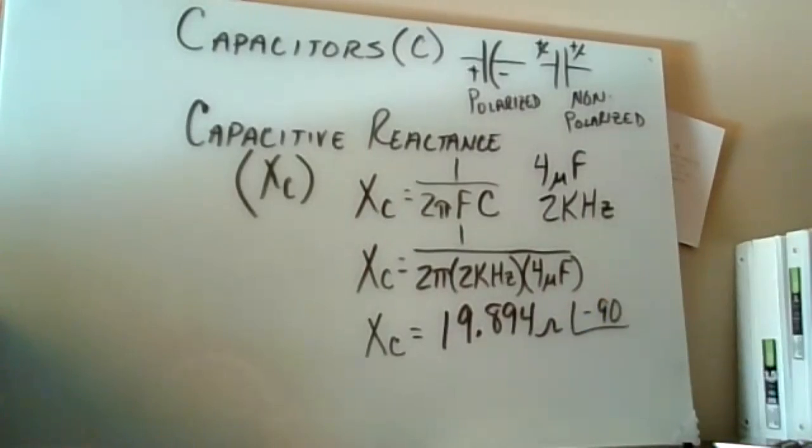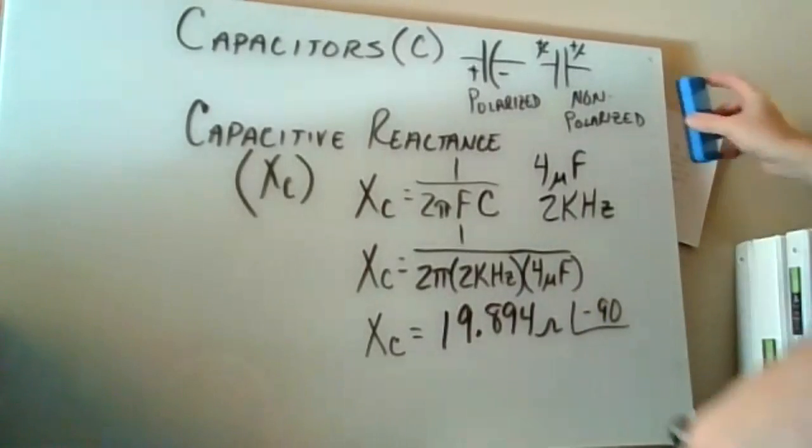Don't worry, you'll get some practice. There are some of these on the homework too, converting and finding the X of C. I'll give you a capacitor value and a frequency, and you'll just figure it out. Okay?